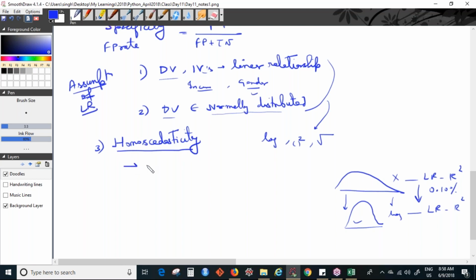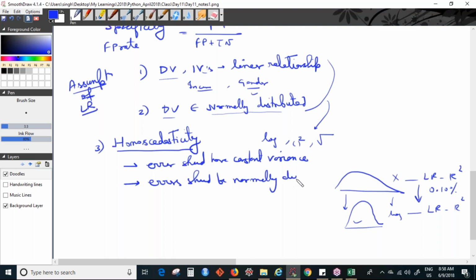This means that your errors should have a constant variation, should have a constant variance. Okay, and the other is that the errors should be normally distributed also. The errors should also be normally distributed, and they should have a constant variance.